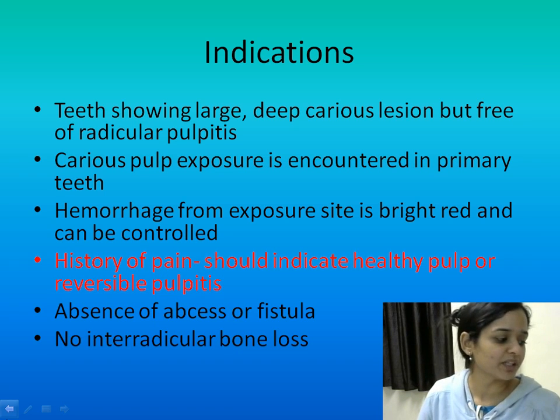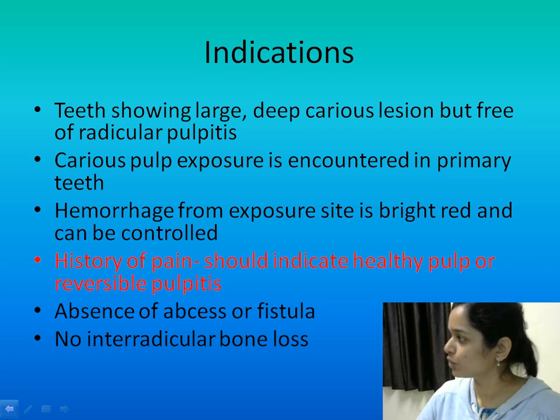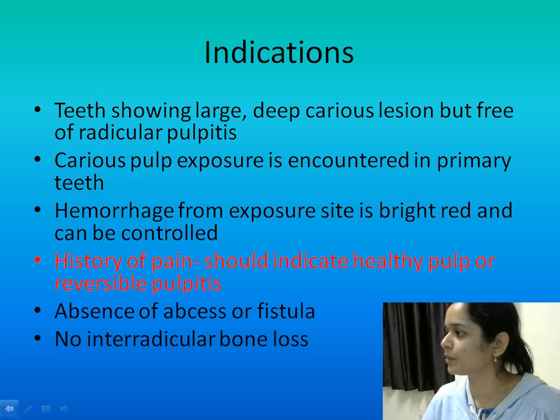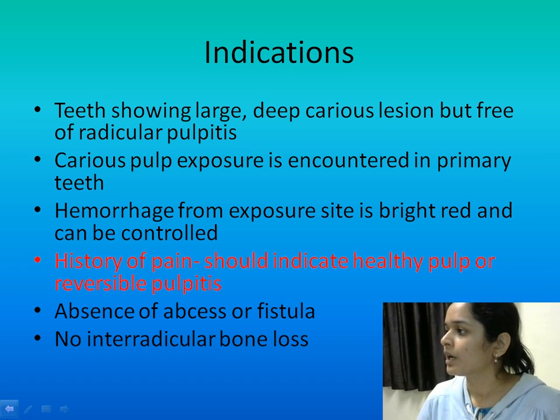So pulpotomy is seldom a pre-planned procedure. It is most commonly done as an operative diagnostic procedure. You have already started the procedure, you feel that the radicular pulp is healthy, so you stop at the coronal pulp. From a clinical perspective, it is seldom a pre-planned procedure.